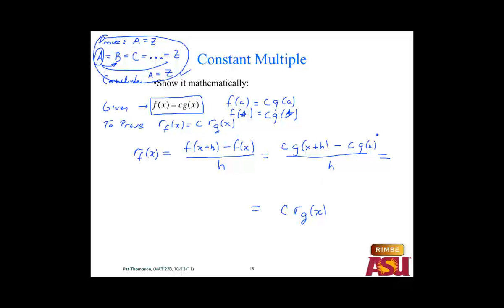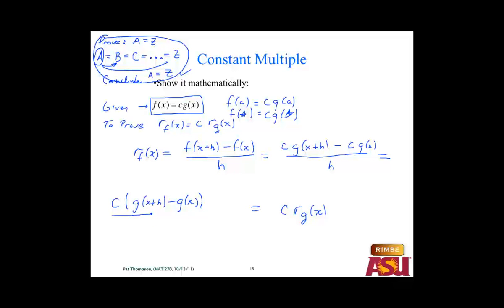Okay, so we're here. Kyle, any idea what we can do with that? Gilbert, I want to bring out the c to the front. You want to bring out the c to the front. So I got c times. And why do you want to do that?